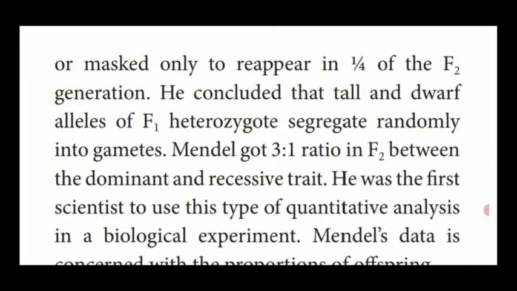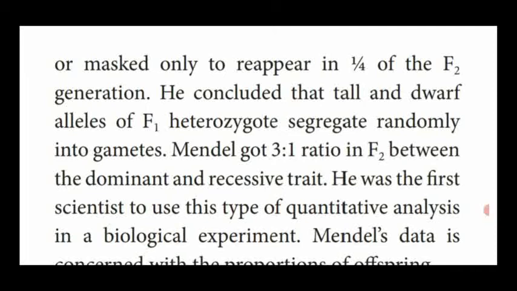In the F1 generation, from the pair of capital T we get one capital T, and from the pair of small tt, the recessive one, we get one small t. So capital T with small t is the F1 genotype, which is known as heterozygous.